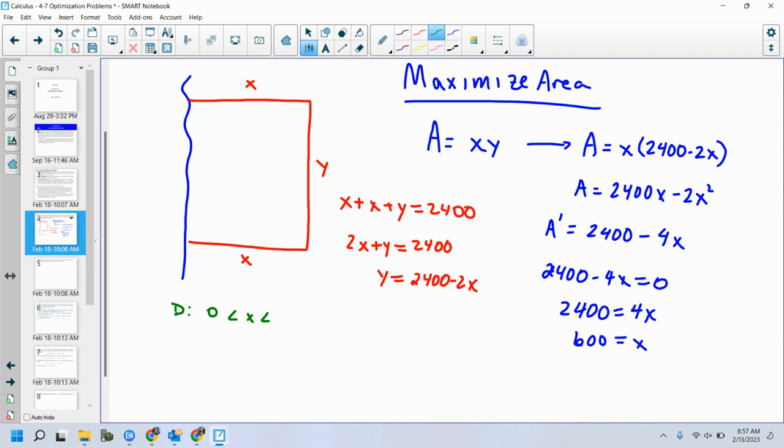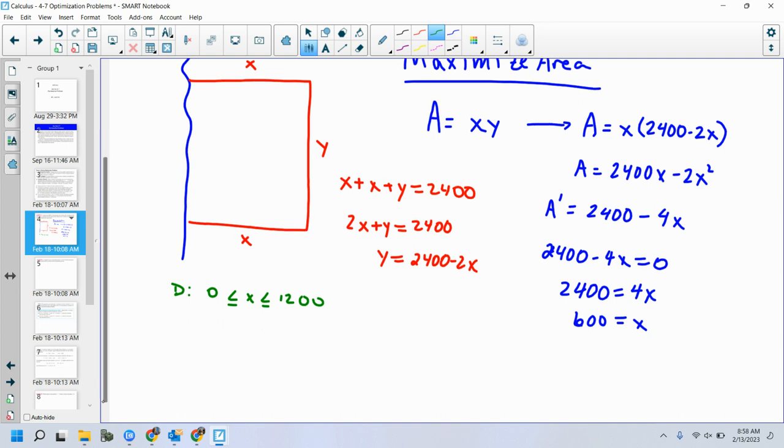What's my x? Well, 2,400, right? But I've got 2 of them to split up. 1,200. Oh, this is the closed interval method, isn't it? I've got a closed interval from 0 to 1,200, and I've got a critical point within that domain, right?